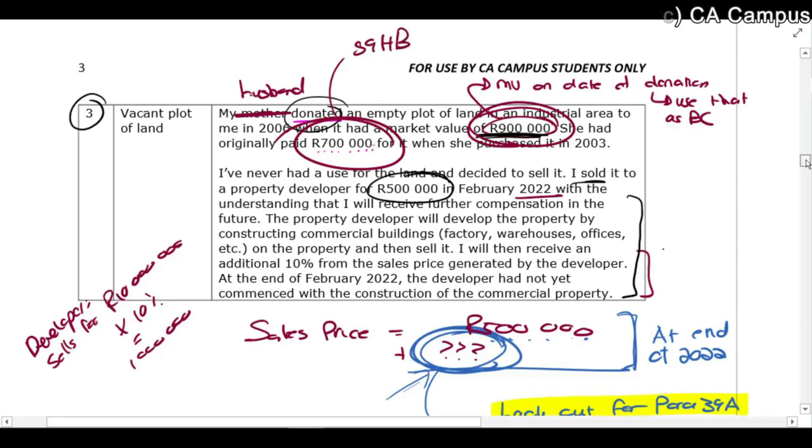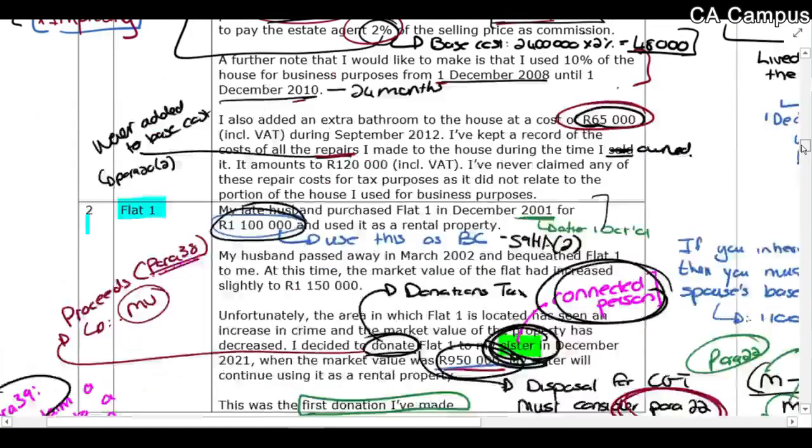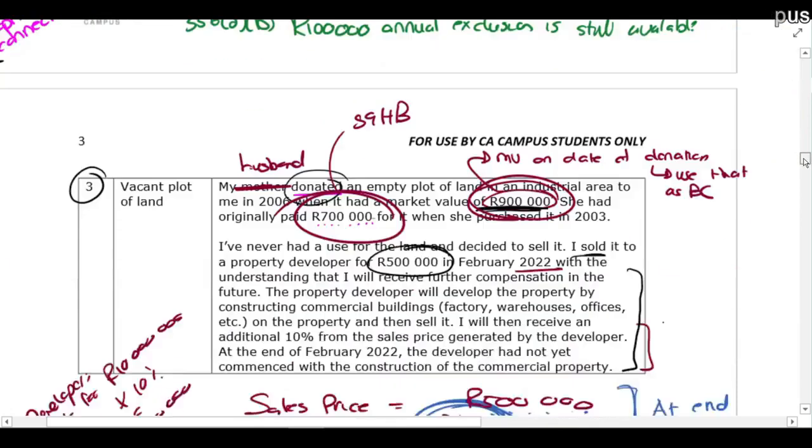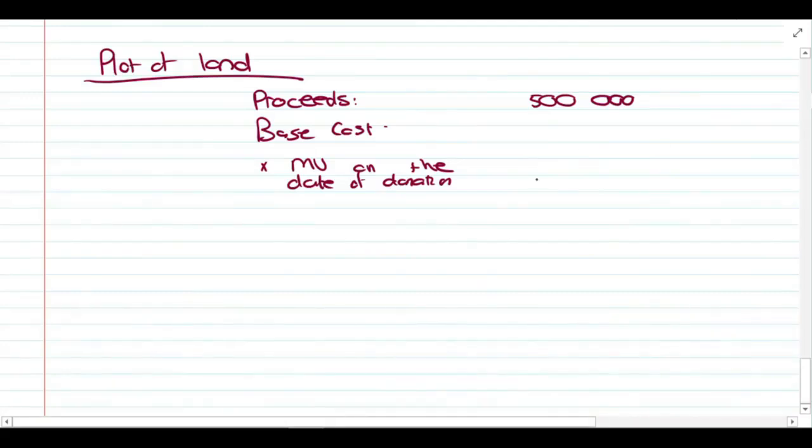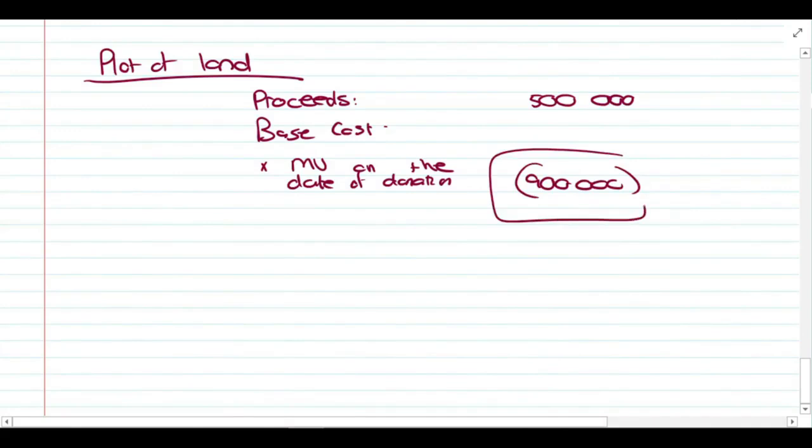Above we say section 9HA, that's because the person passed away. Section 9HB is if it was just a normal donation. So I'm just reminding you, that's the little trick here about spouse versus not spouse that you need to be aware of. So the base cost is 900,000.